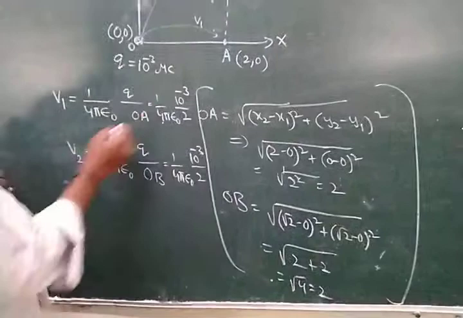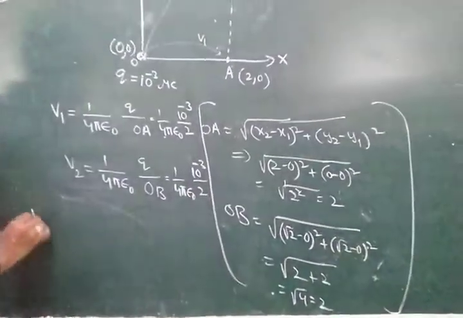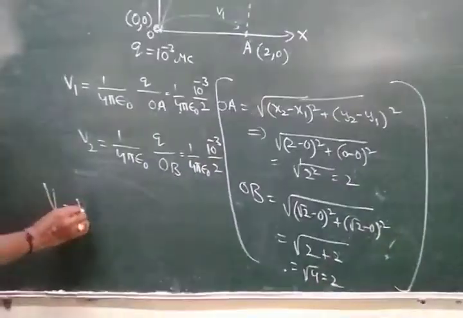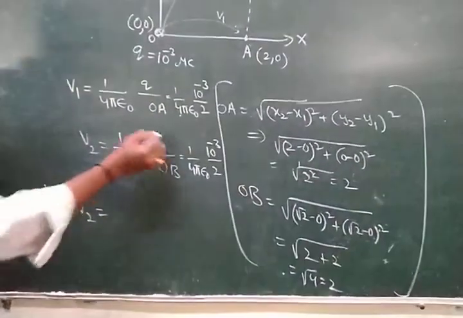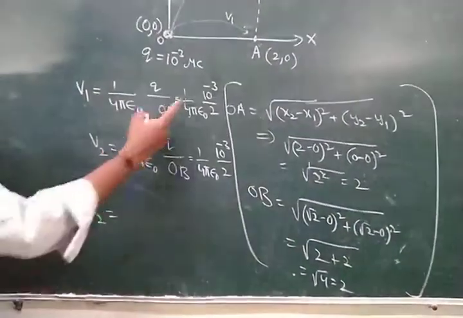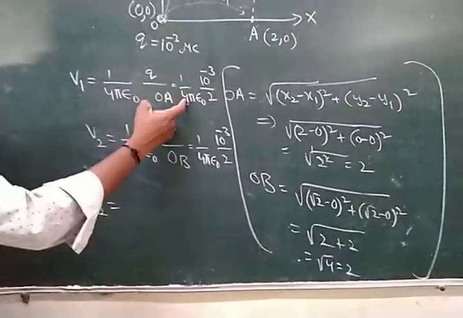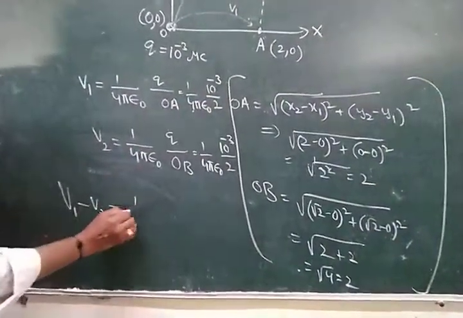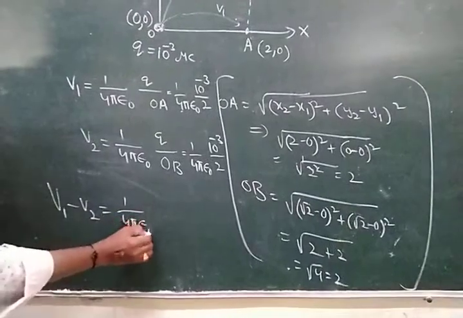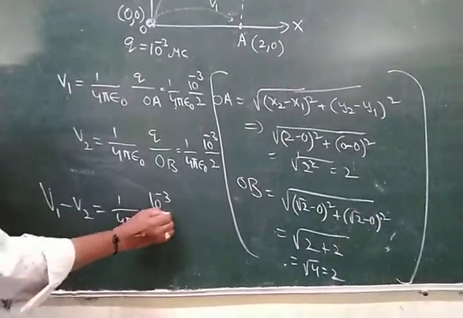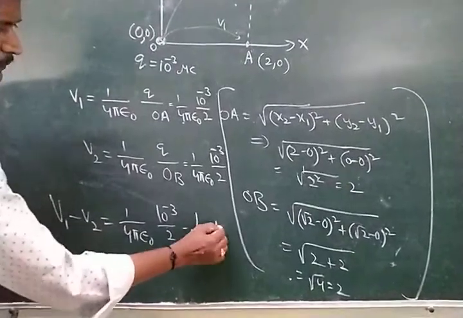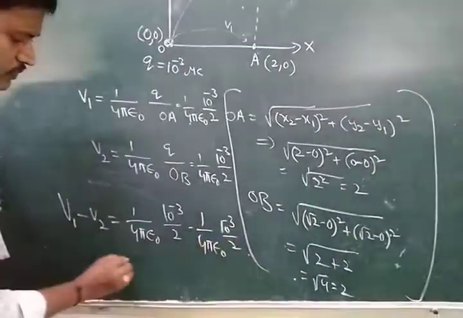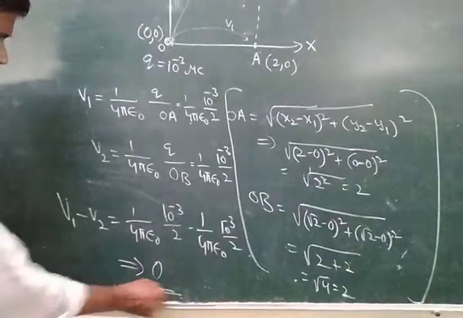So what is the potential difference? The potential difference is V1 minus V2. Therefore V1 minus V2 is 1 by 4 pi epsilon naught into 10 power of minus 3 divided by 2 minus 1 by 4 pi epsilon naught 10 power minus 3 divided by 2, that is equal to 0.